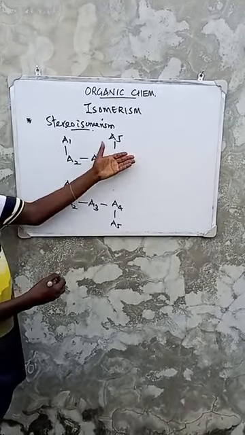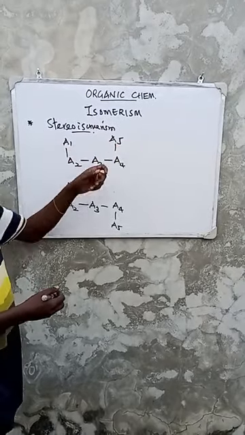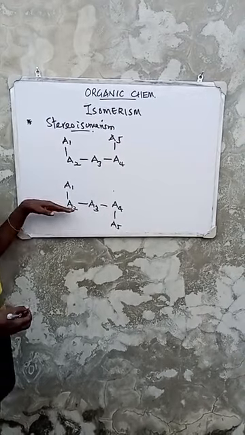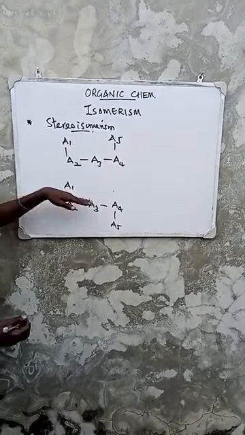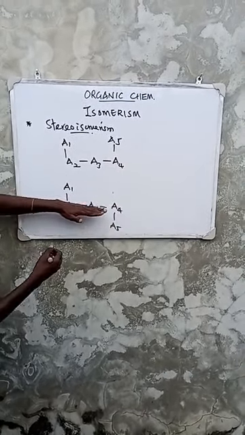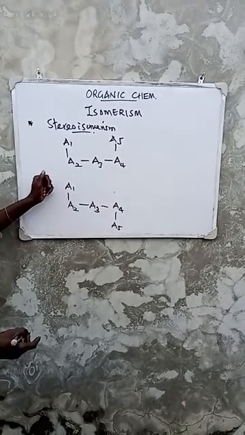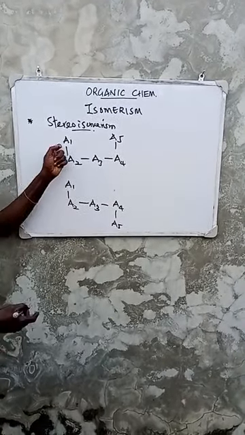In the first one, A1 and A5 are on opposite sides of the plane, below the plane and above the plane, whereas in the second one, both A1 and A5 are above the plane.